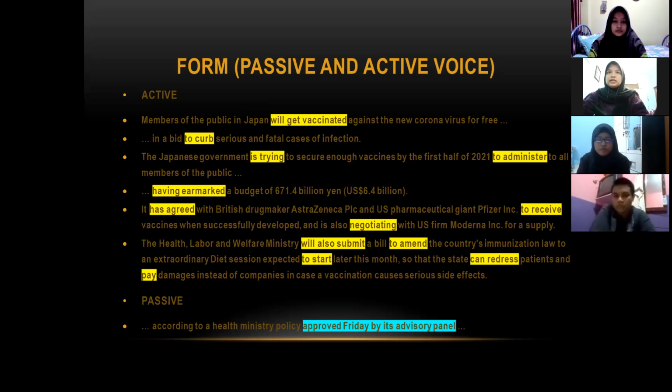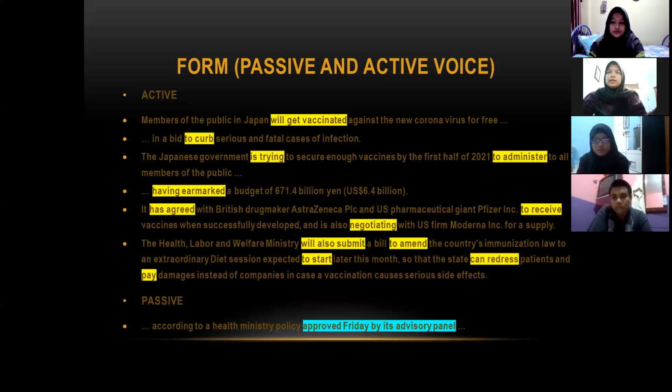The second is: in a bid to curb serious and fatal cases of infection. The active voice is to curb. The third is: the Japanese government is trying to secure enough vaccines by the first half of 2021 to administer to all members of the public.